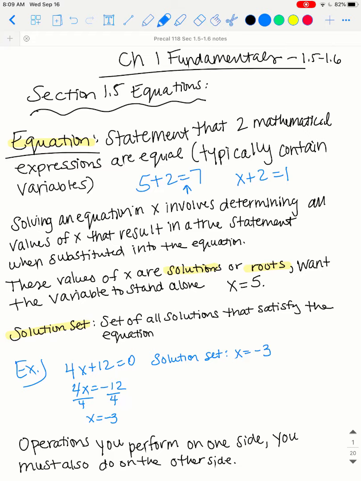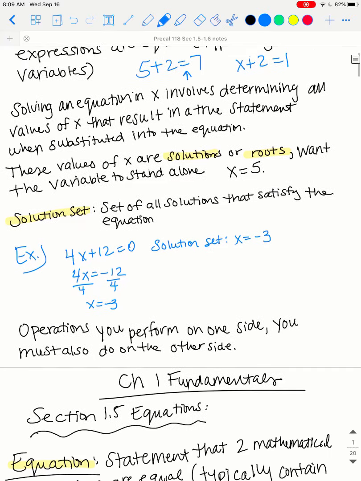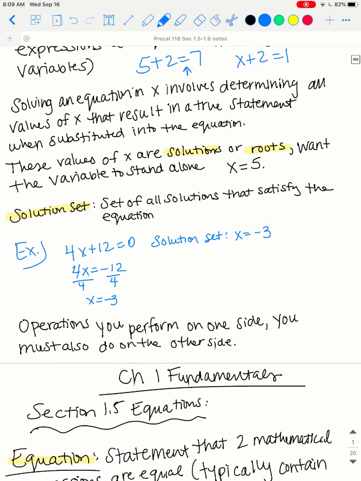We could use y, z, a, b, c, alpha, epsilon, any kind of variable that isn't a number. The values of x that are substituted into the equation that make it a true statement are called solutions or roots. And when we're solving for x, we want that variable to stand alone.